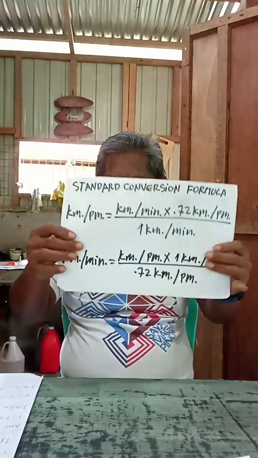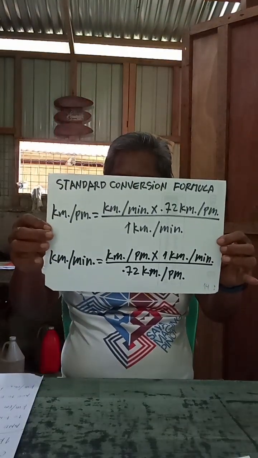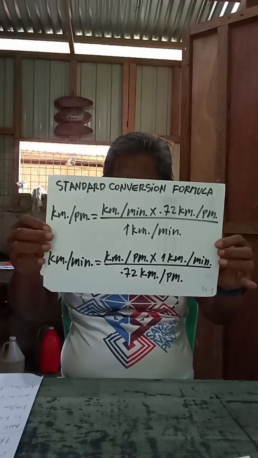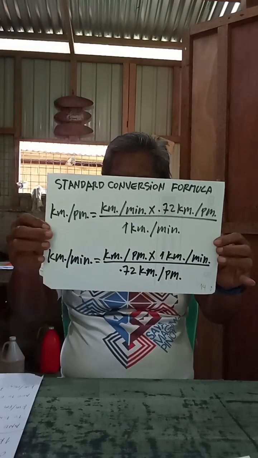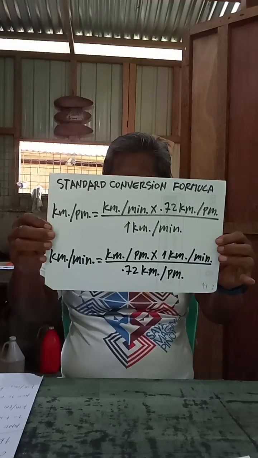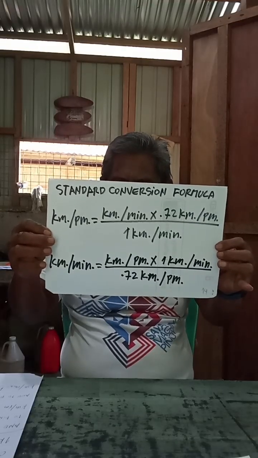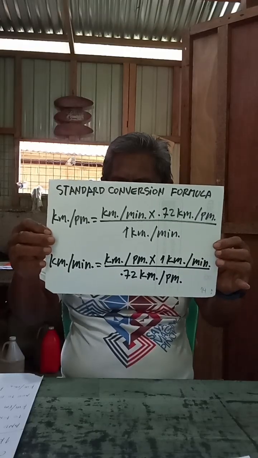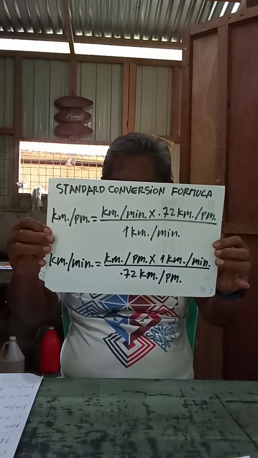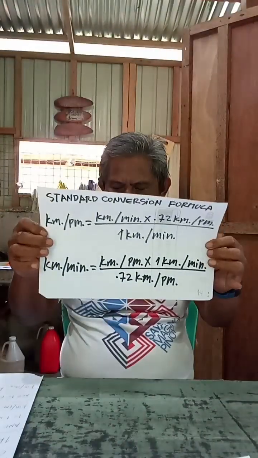And our standard conversion formula to find kilometer per peri-minute is kilometer per minute times 0.72 kilometer per peri-minute over 1 kilometer per minute.